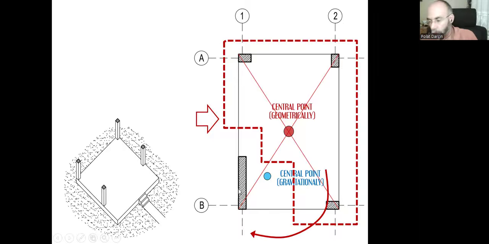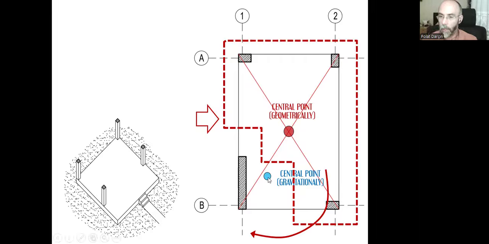It doesn't want to move. And these parts, they want to move. So the whole structure starts to rotate. And that's very dangerous for us because the connections of the beams with this shear wall can break, because of that rotation and because of that force. And that's something we need to avoid.